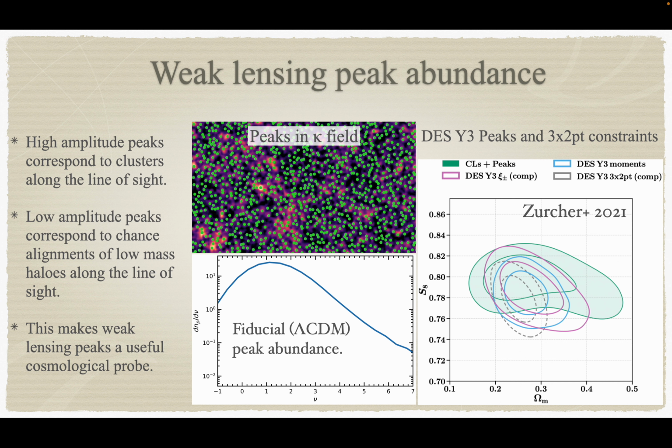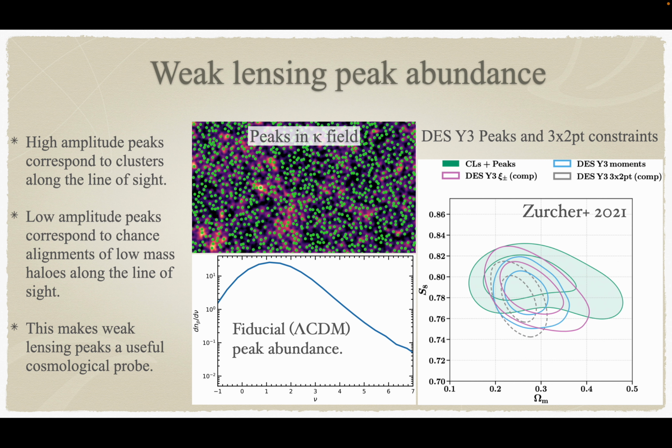What we're interested in here is how we can extract information from this convergence field, mostly in the form of peak statistics, where here I have overplotted peaks in the convergence field, local maxima, as green dots on top of this colour map.